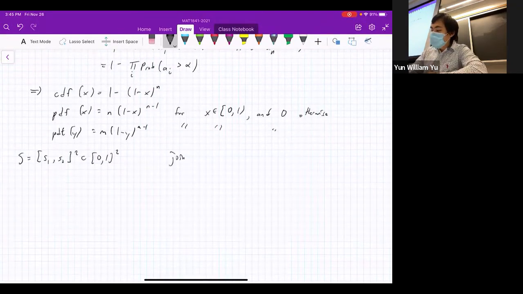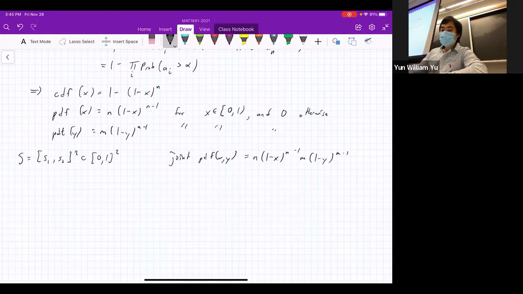Oh, yeah, I guess one thing we should say is the joint PDF of x, y is just going to be multiplying them together: n times (1 minus x) to the n minus 1, m times (1 minus y) to the m minus 1. And then the probability mass, I'm going to use mu of S, is just then going to be the integral over S1, S2 for both x and y of this probability density function.